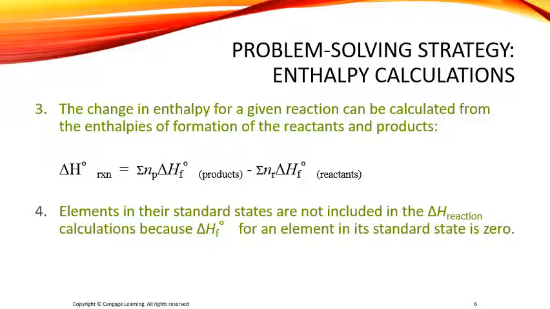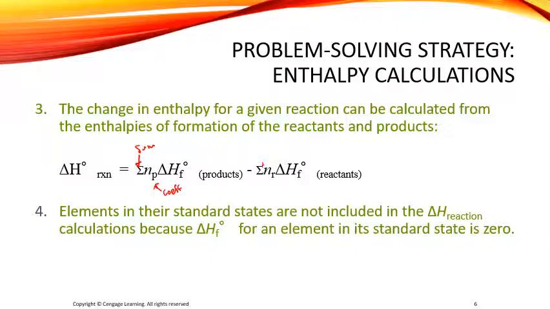So the main equation that we have for calculating enthalpy changes using Hess's law is this equation here. Delta H for the reaction is equal to the sum, that's the little sigma part right here, of the enthalpy changes for the products multiplied by their coefficients. So that's the n and p part here, that would be their coefficients, minus the sum of the enthalpies for the reactants multiplied by their coefficients, and then added together.